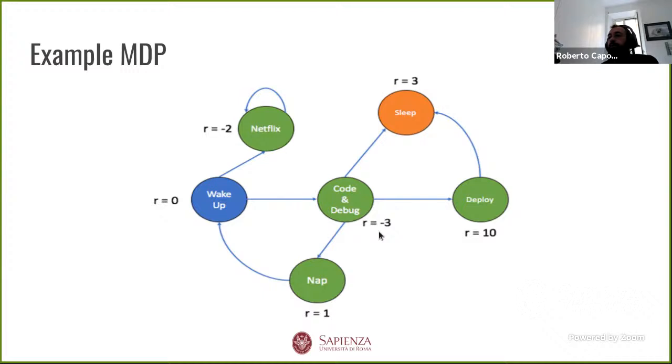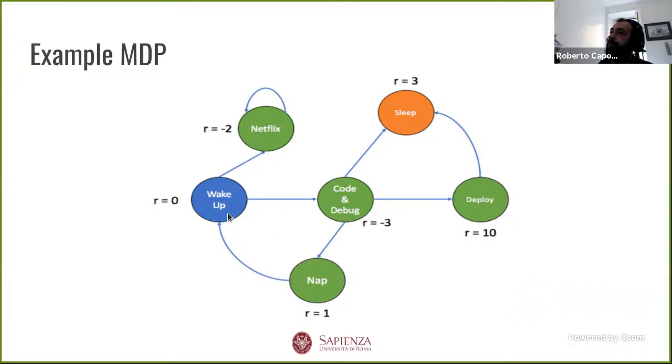Otherwise, if you go to do, for example, coding and debug, you get an instantaneous -3 because it's frustrating for you, but in the end you will succeed and you will be able to deploy your code, so you get a positive reward for yourself because you're not frustrated anymore. You are actually satisfied with what you did.